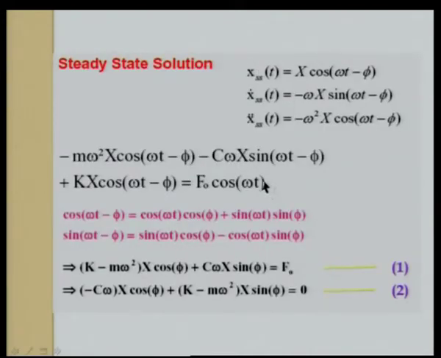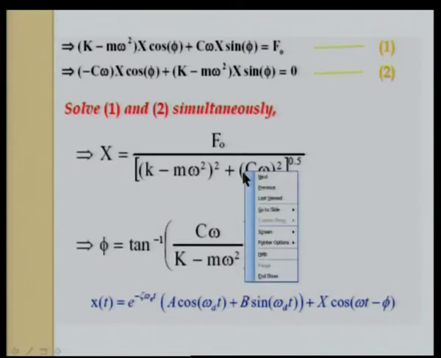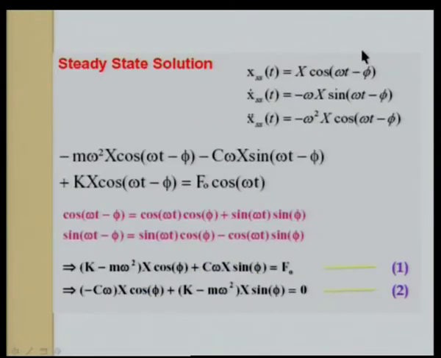So, if you look at this relation, we have F equal to F naught cosine omega t. We assume that the displacement also follows the cosine form, but with a phase angle phi. So, we assume the solution of this form, where x is the steady state solution amplitude, x dot is the steady state velocity and x double dot is the steady state acceleration.